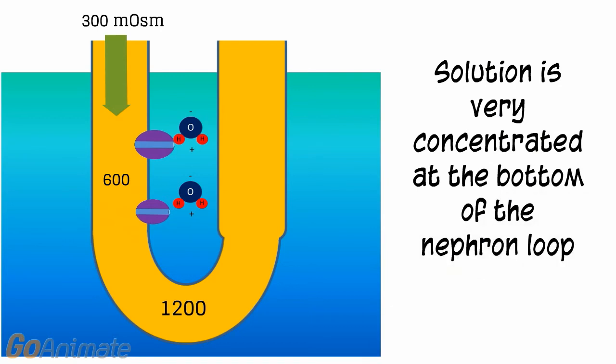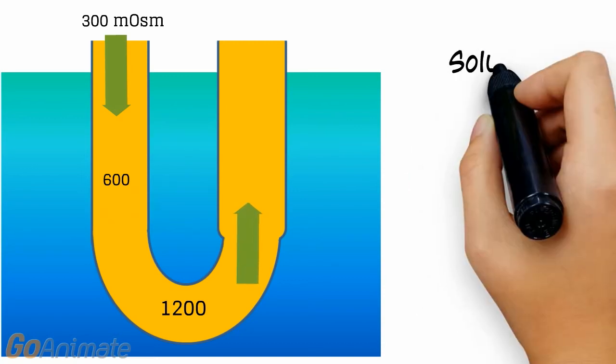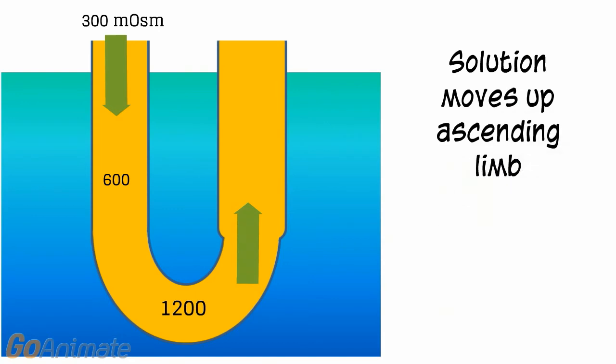The solution at the bottom of the nephron loop is very concentrated, up to 1200 milliosmoles. The solution then moves up the ascending limb.